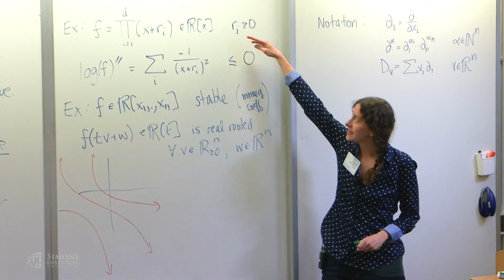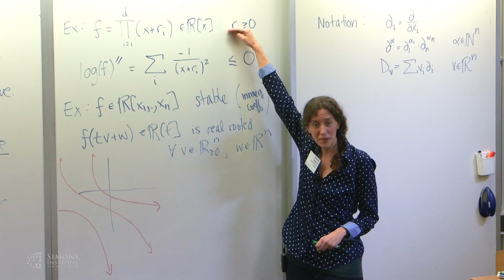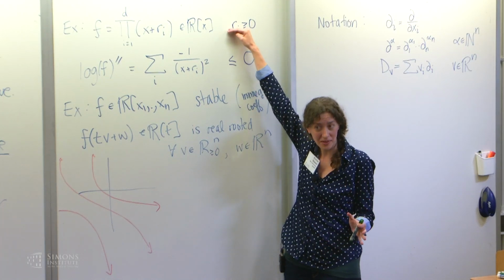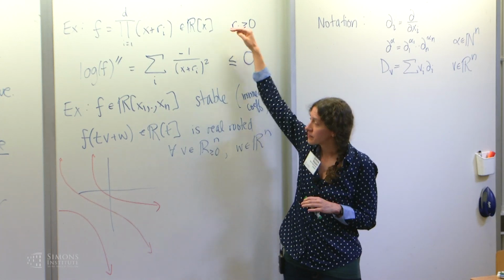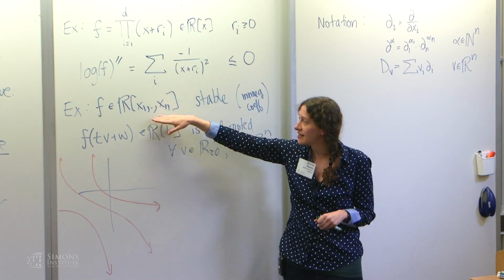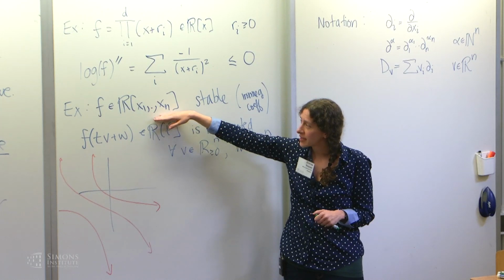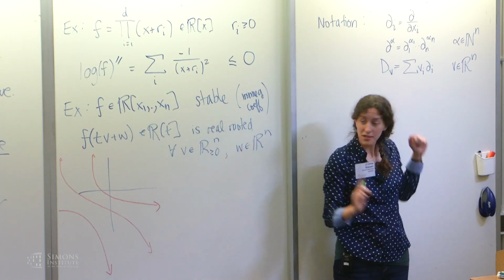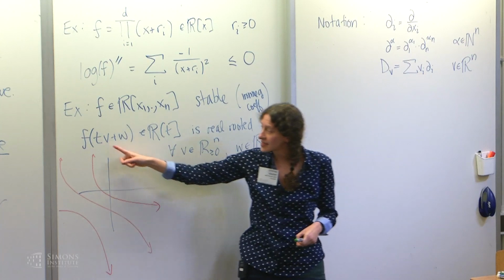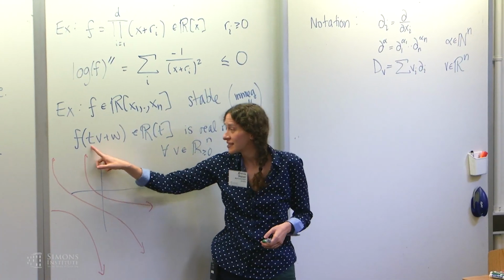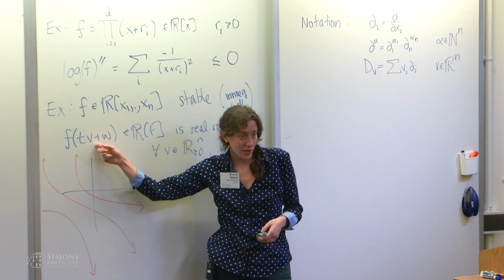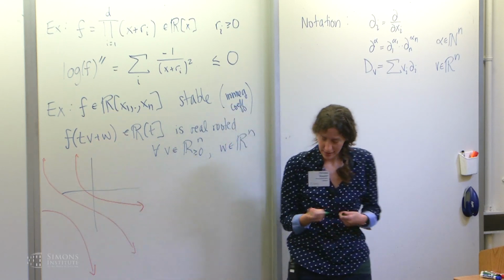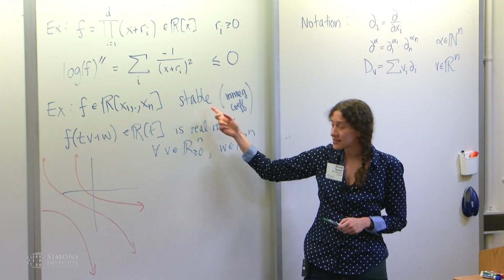just like if you take any derivative of a real rooted polynomial, you get a real rooted polynomial, the same argument will go through. If you take any multivariate polynomial and you take one of these directional derivatives, which is the same as taking the derivative with respect to t of this polynomial, then you get another stable polynomial.